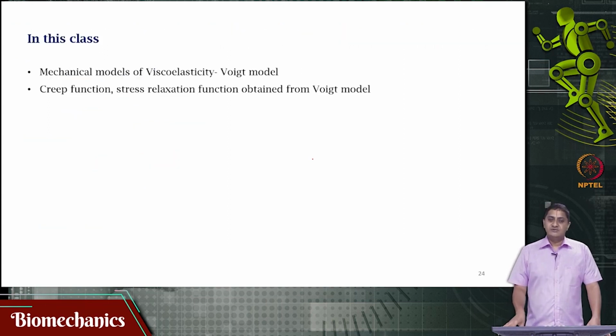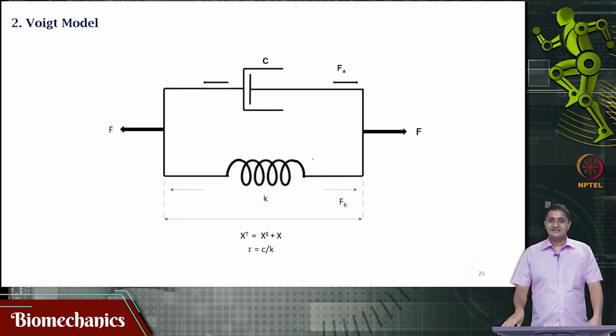In this video, we will be looking at another model of viscoelasticity, and this model is called the Voight model. As we did with the Maxwell model, we will be looking at creep and stress relaxation functions for the Voight model. This is the Voight model. This is a dashpot in parallel with the spring.